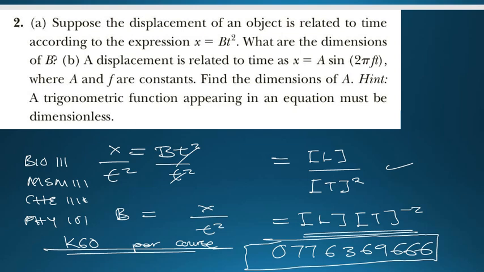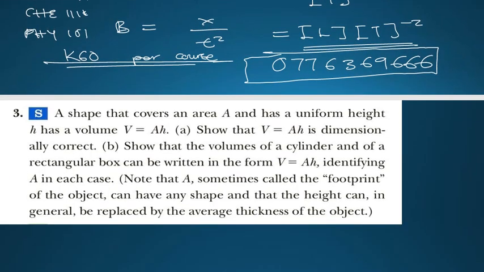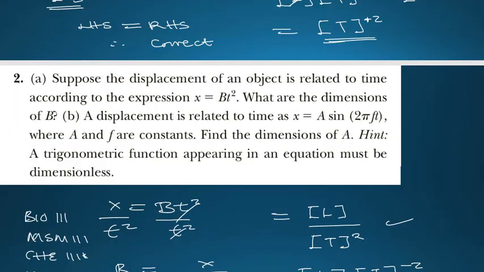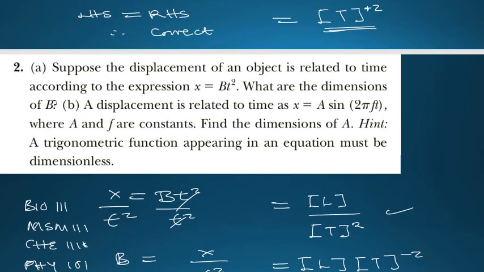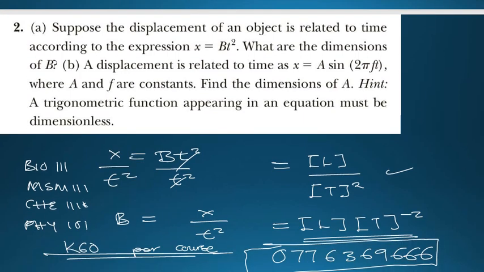So let's go ahead and do question 2. I think there's question 2 down here. I thought I uploaded 2 questions there so that I may answer from the same parts.